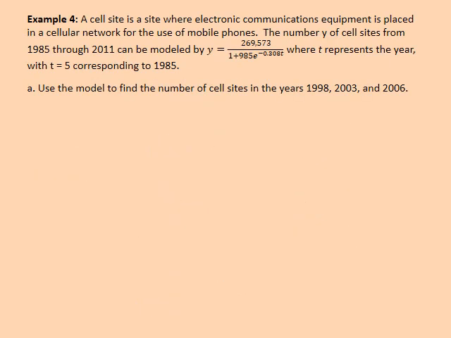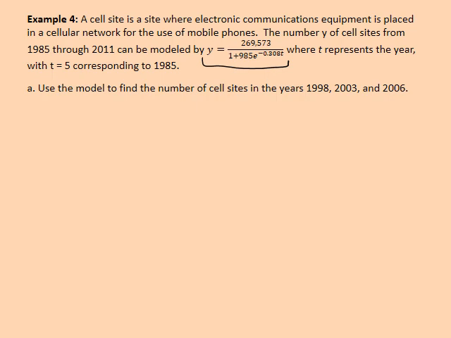In this example, the equation has already been given for us. It says, a cell site is a site where electronic communications equipment is placed in a cellular network for the use of mobile phones. The number y of cell sites from 1985 through 2011 can be modeled by the following equation.